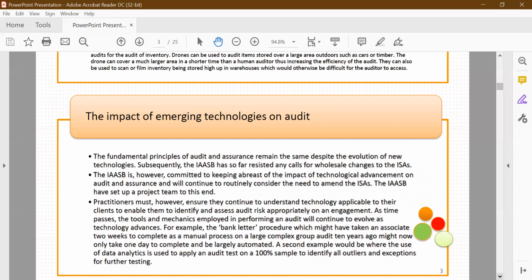So for instance, one of the things data analytics seeks to introduce to auditing is this: currently in audits, to audit a client, through your substantive testing, you can only audit a sample of the transactions because you do not have the time, the resources, and the tools to be able to audit every single transaction.